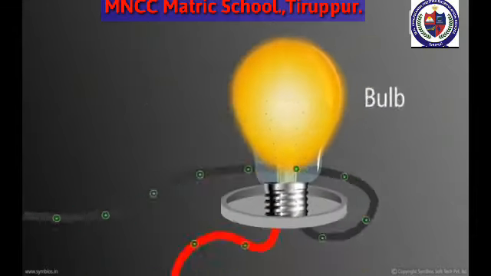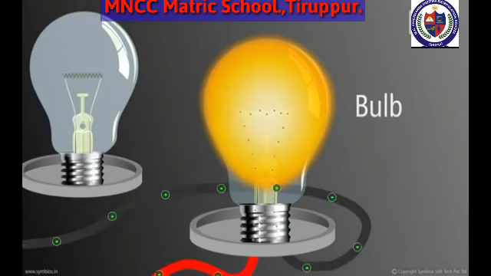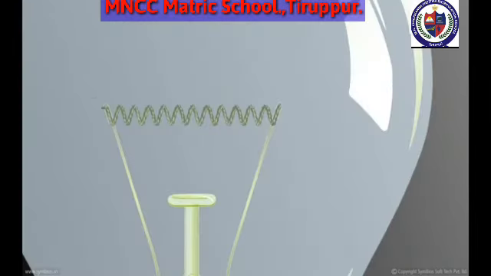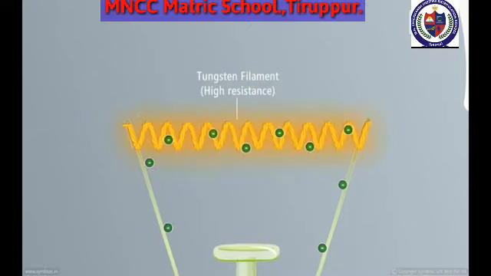A bulb is a closed container with inert gas and a very thin filament. This filament is made up of tungsten metal, which has very high resistance to electricity and an extremely high melting point.